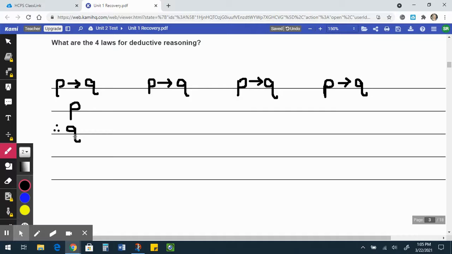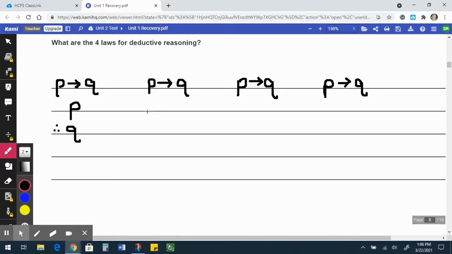I don't know, y'all. If you're a Pokemon fan, maybe that's going to help you remember the first law of deductive reasoning. It starts off if P, then Q. Then they tell you something about the hypothesis P. If that's the case, then your conclusion is going to be Q.